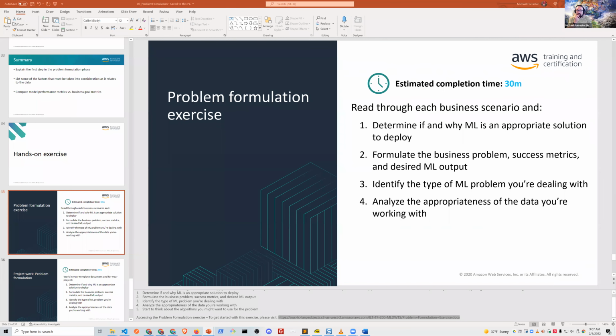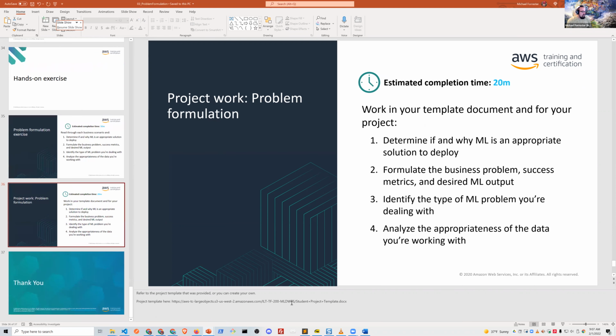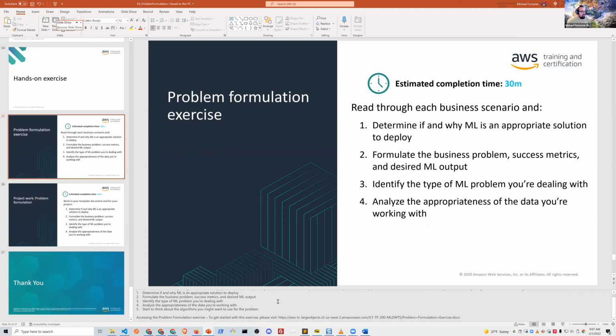This will give you the problem formulation exercise. There should be a success document as well. Anyway, regardless, you can go ahead and get started.